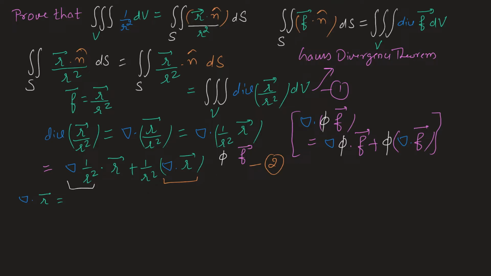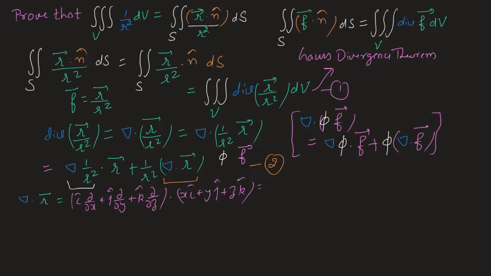Firstly, we will calculate del dot r. Del is an operator, so I write its value as i curly by curly x plus j curly by curly y plus k cap curly by curly z, dot r, and r is a position vector.